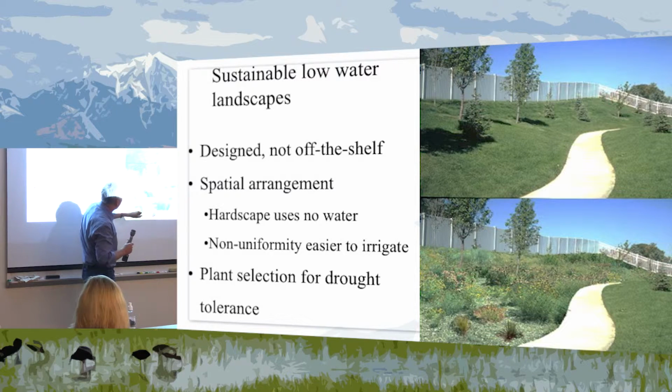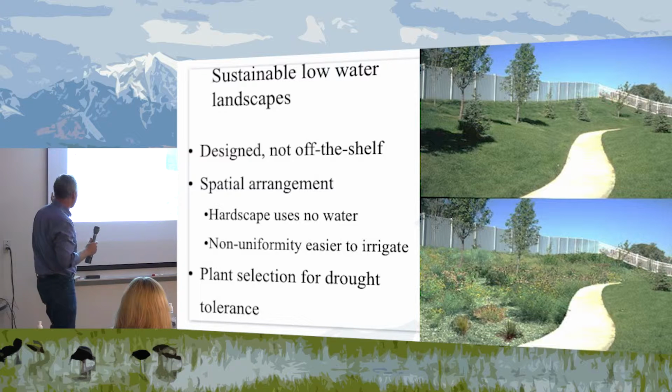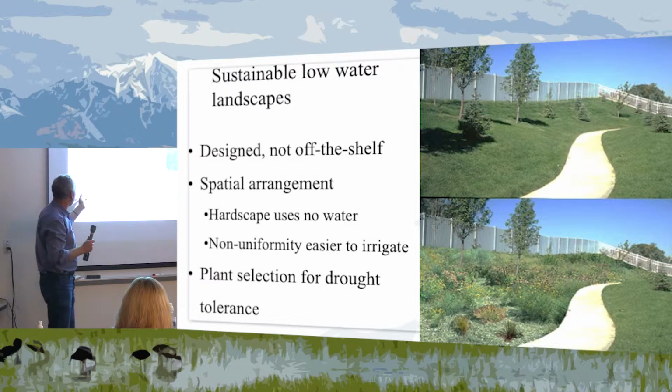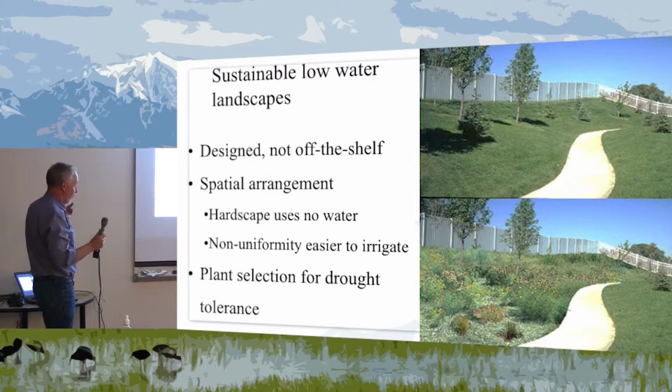A designed low water use landscape has two components: hardscape, meaning either concrete, pavement, or mulch that doesn't use water, and non-uniformity, because if you don't have a uniform landscape, you're not trying to have a uniform water application. And then plant selection for drought tolerance, and that really is the key. If you really want savings, it's the type of plant that you put in.